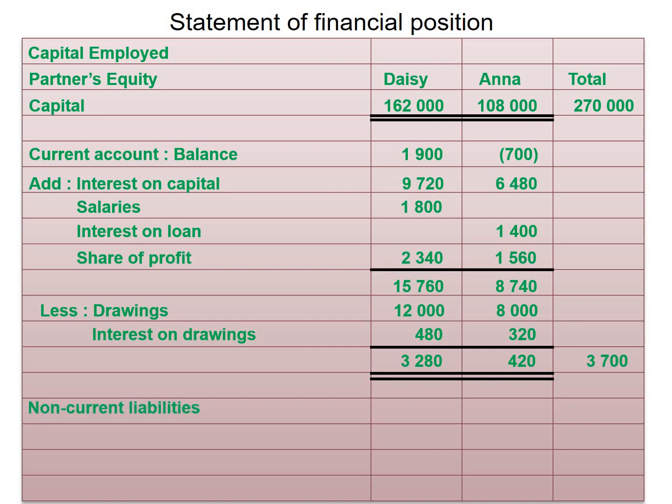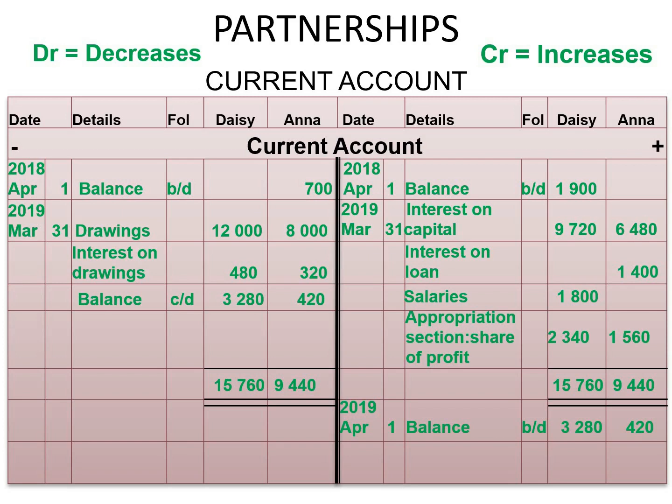And then finally we will add our non-current liabilities. This is the loan from Anna of 28,000. And if we add that, we'll get a total for our capital employed of 301,700. And please take note, the amounts you entered here is exactly the same as the ending balance of our current account.